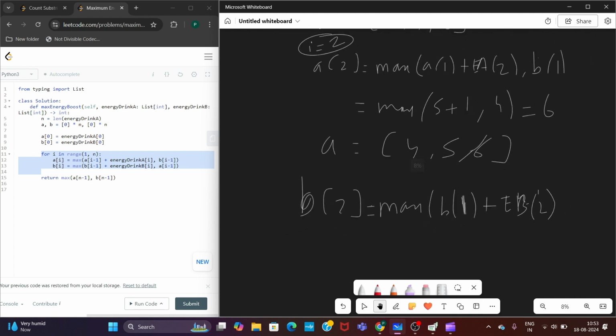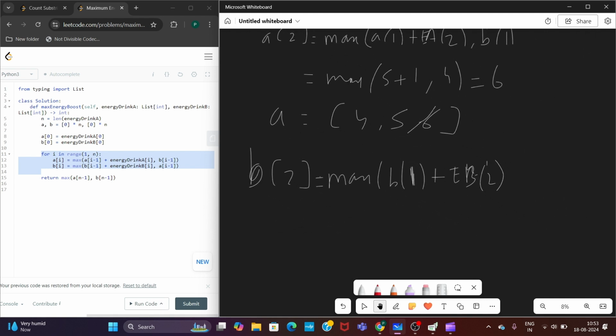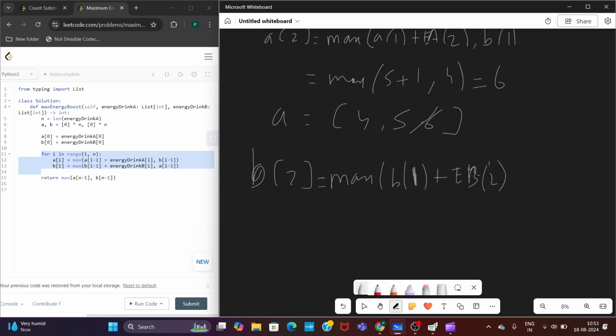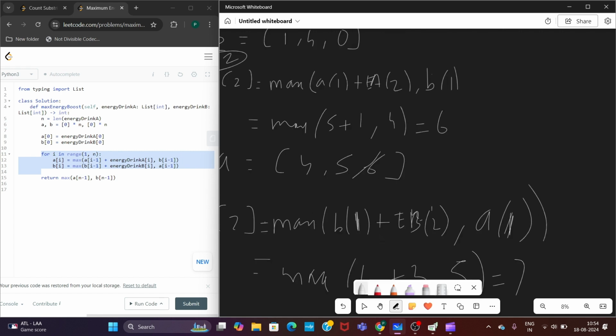Second variable will be small a of 1. So it will be maximum of 4 plus 3, comma 5, which is 7.